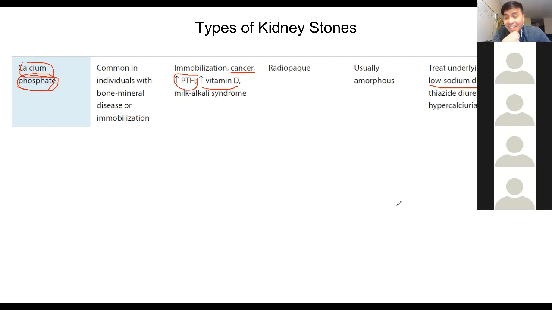Okay, I understand what you're saying. In the renal tubule, when you reabsorb sodium, you also reabsorb calcium at the same time. Is that what you're saying?